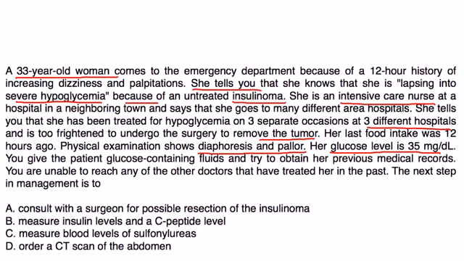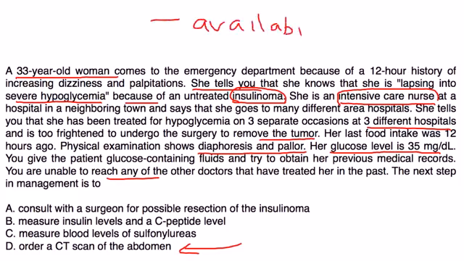You are unable to reach any of the other doctors that have treated her in the past. Next step is, well, right off the bat, if you just took her word for it that she has an insulinoma, you'd probably do a CT, right? You'd want to investigate. But the problem is that this is a healthcare worker, and healthcare workers, not always, of course, but sometimes, because they have a lot of availability to drugs and knowledge of drugs, a small percentage of them can fake symptoms.